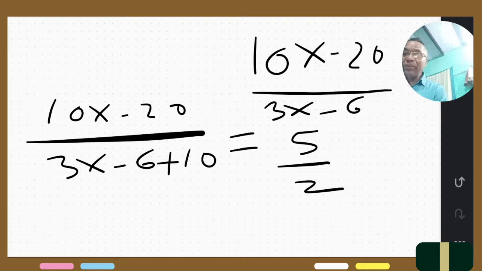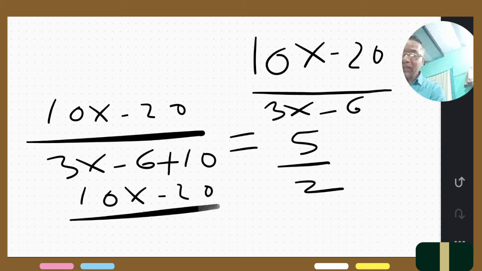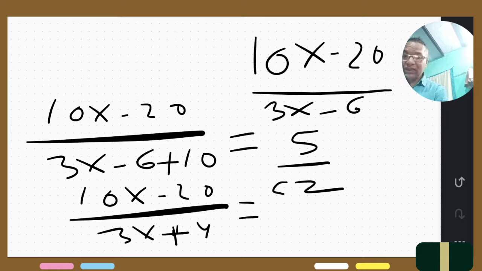So what will happen? This 10x minus 20 will be as it is, but this will be 3x plus 4, because this is the 6 of minus and 10 is the of plus, and this is equal to 5:2.